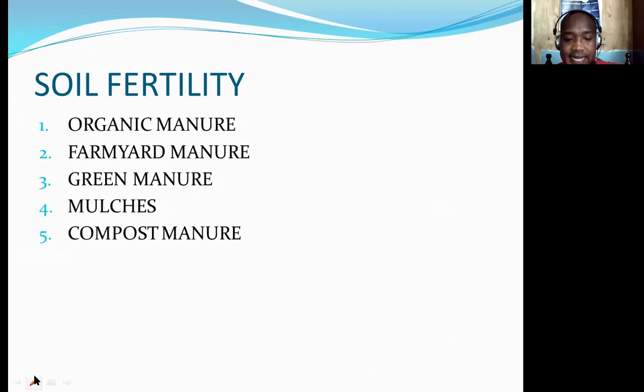What are the things added in a compost heap to make manure? Dry leaves are added, they reduce the rate of evaporation. Two, you need topsoil.